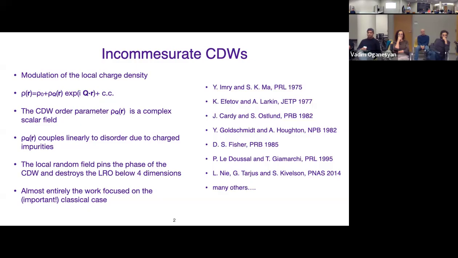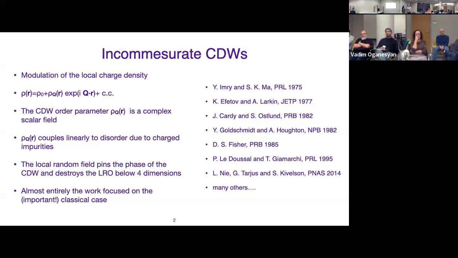But because this is actually a modulation of the charge density, it couples linearly to the disorder in the form of a random charge field. So in fact, the order parameter couples to disorder as a random field. Yes, so it's a prototypical random field problem.